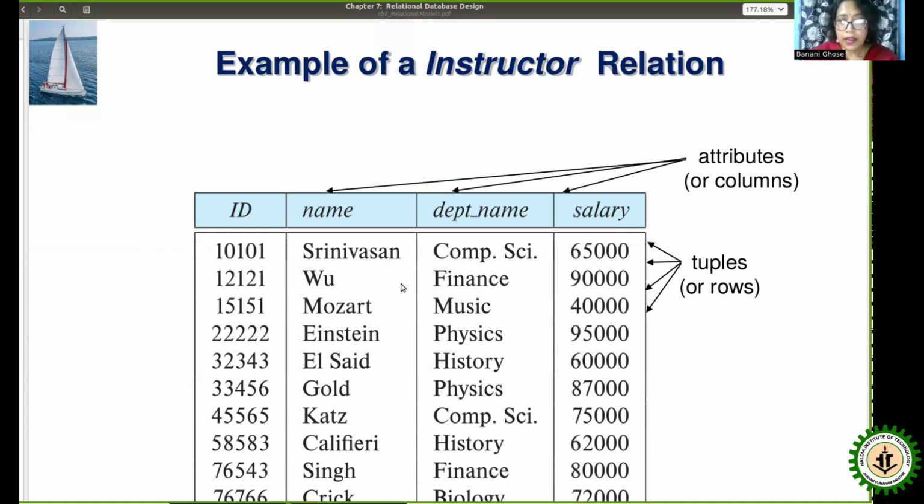One instructor has its record in a row, another in the next row. In this way, the entire table is built up. So what is the gist of this concept? The attributes are placed as the table columns and the rows depict the individual tuples.